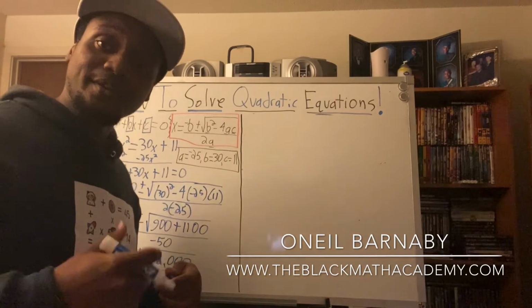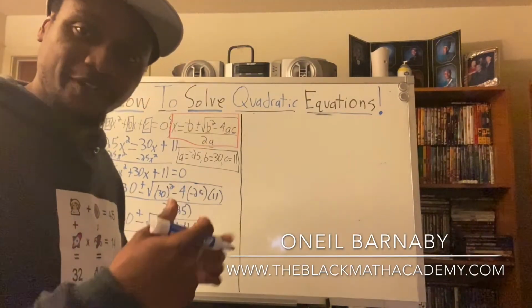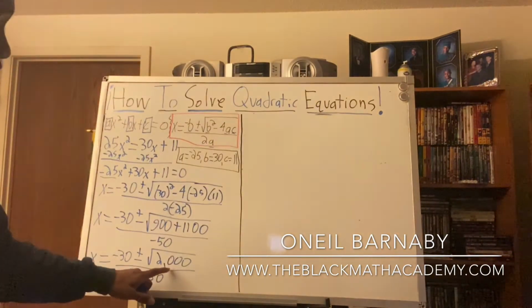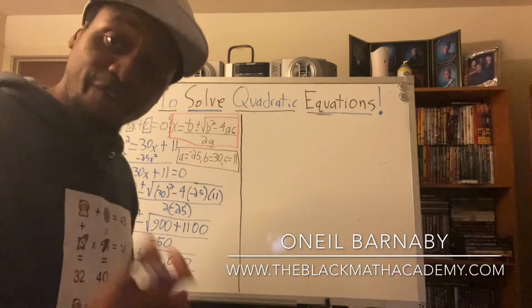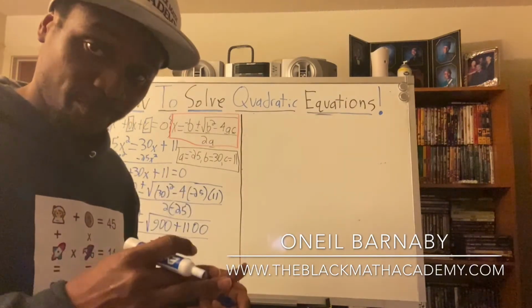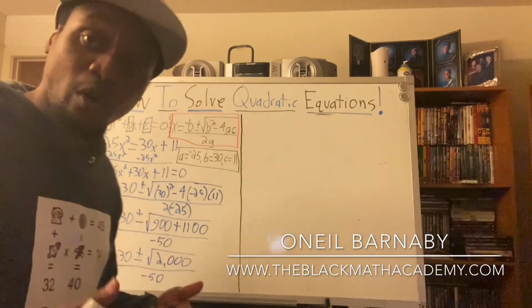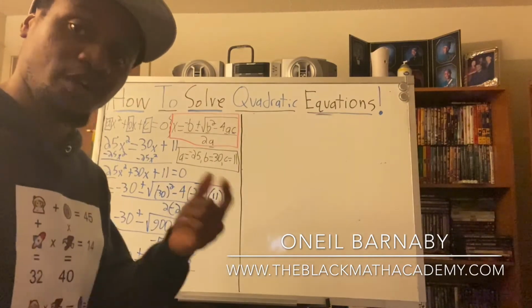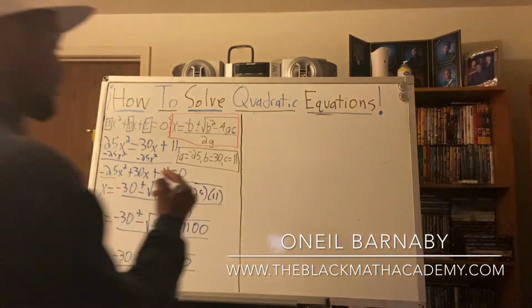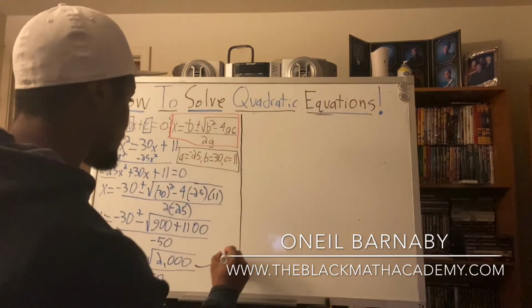Unfortunately, it's not a perfect square, so we can't simplify it very easily. What we can do is separate the number 2000 into two factors where one of them is a perfect square and the other one is not. So basically we want factors of 2000, but specifically one has to be a perfect square.